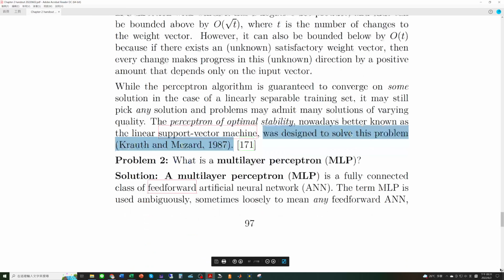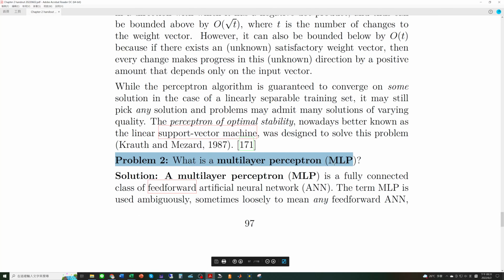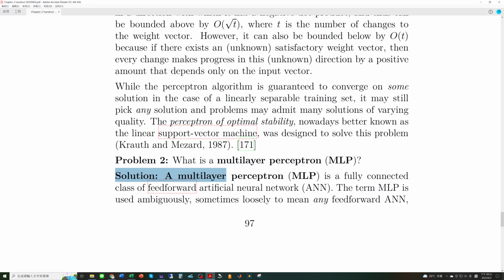Next we are going to look at problem 2. What is a multi-layer perceptron? MLP, the proper noun that appears in our slides. Solution: a multi-layer perceptron MLP is a fully connected class of feed-forward artificial neural network ANN.